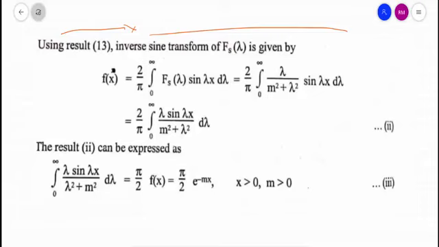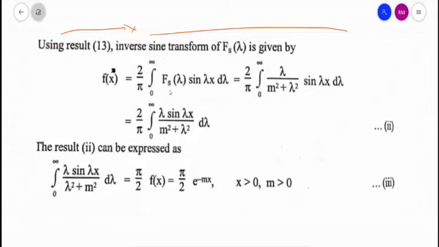After that we have to consider the result by using chart, that f of x is described as 2 upon pi integration from 0 to infinity fs of lambda sin lambda x d lambda. This formula we obtain from the chart, serial number 5, and see the formula regarding inverse transformation about sine function.